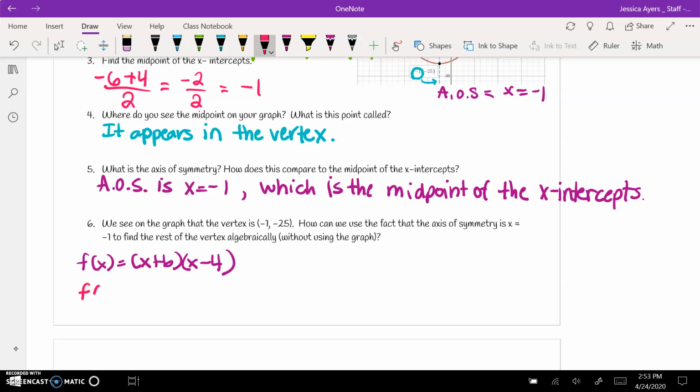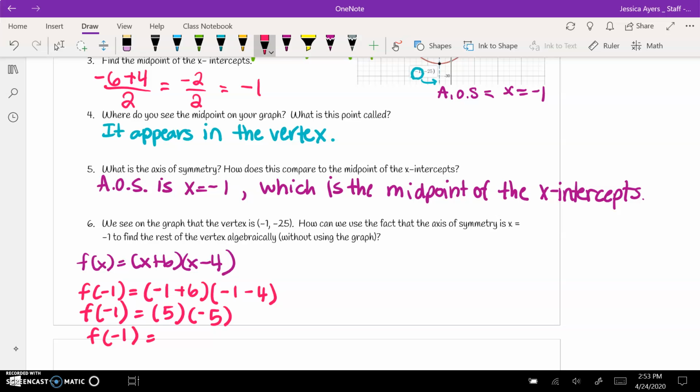So I can find f(−1) by saying (−1 + 6)(−1 − 4). −1 plus 6 is 5, and −1 minus 4 is −5. So f(−1) is −25, which was the y value of our vertex. So all we need to do is plug in our x value to find y.